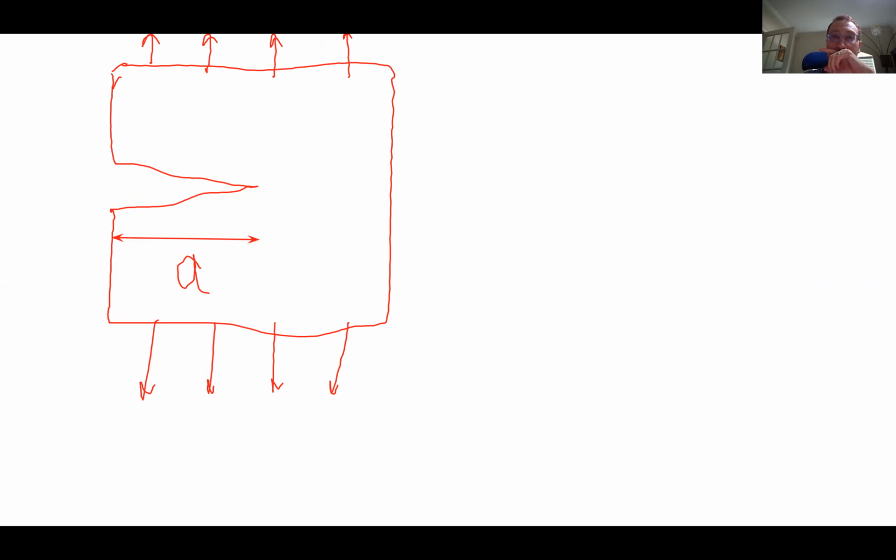So basically, if I want to be perfectly clear, and sometimes traction is defined as a stress vector.